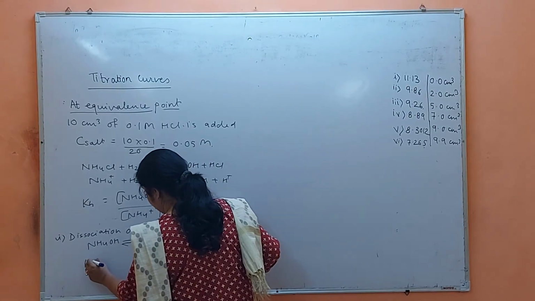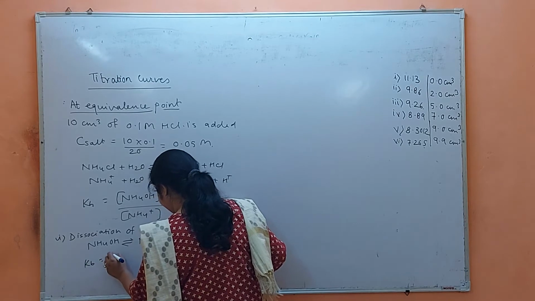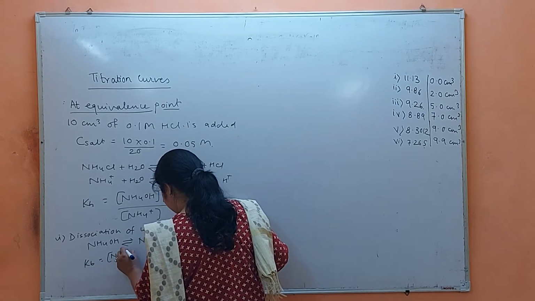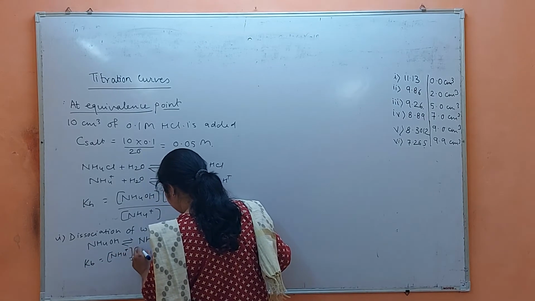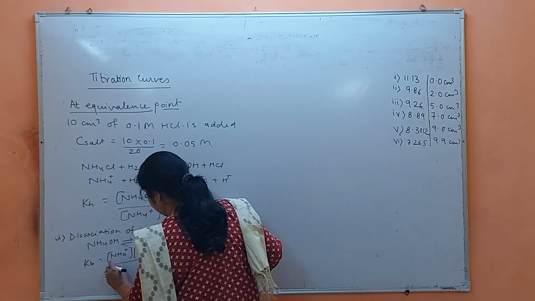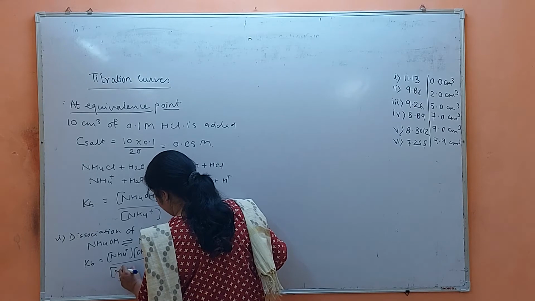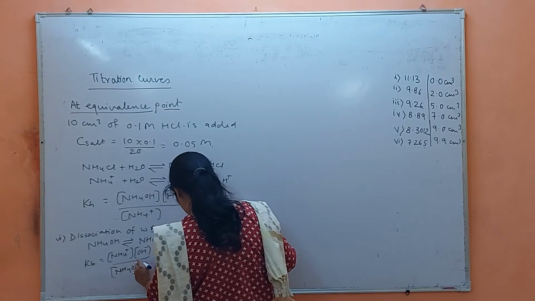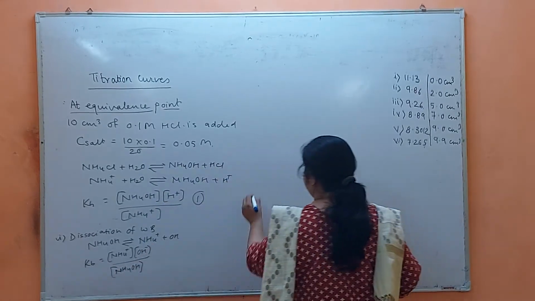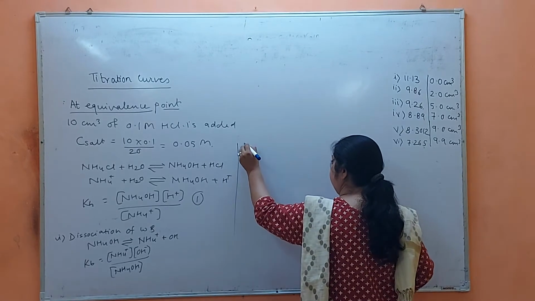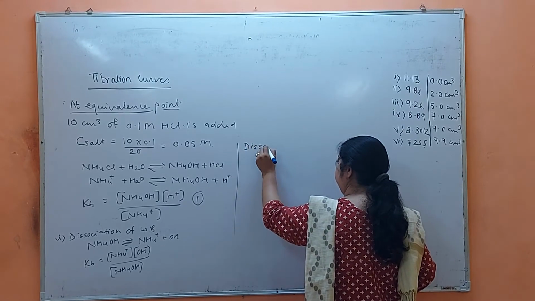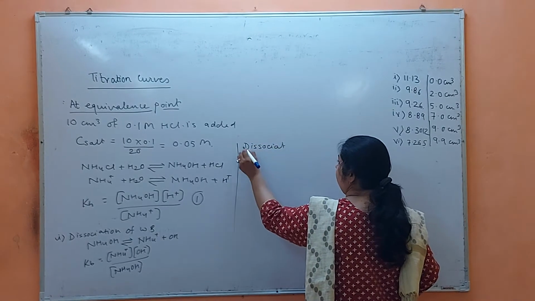So Kb will be equal to NH4 plus into OH minus upon NH4OH. Now the dissociation of water we have to consider.